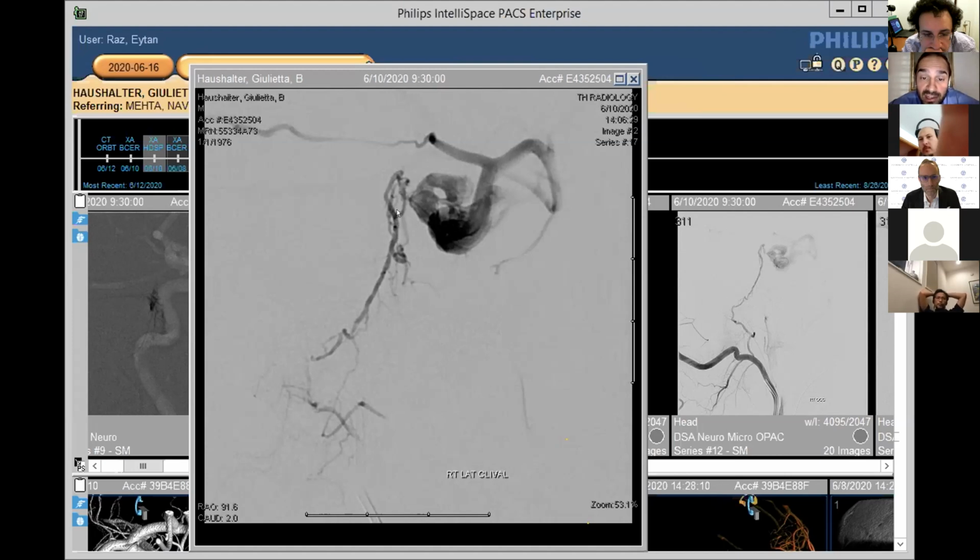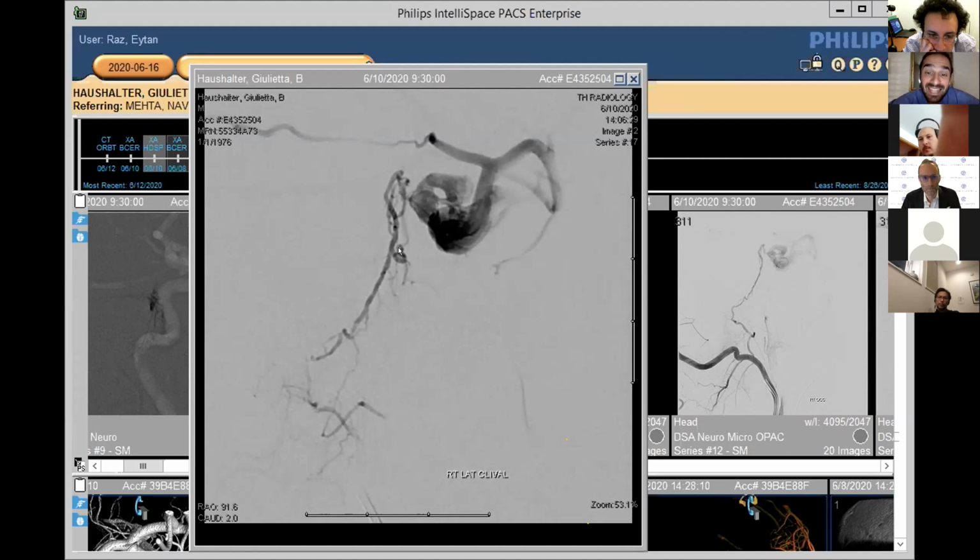So there is a little filling of the ICA from the connection between the clival branch of the ascending pharyngeal, with a collateral arterial-to-arterial connection with the same area that is supplied by the MHT. This is the little MHT that comes from here, from the cavernous segment of the ICA, and gives off this vessel. So if you inject hard enough, you can explore this collateral connection between the two vessels.